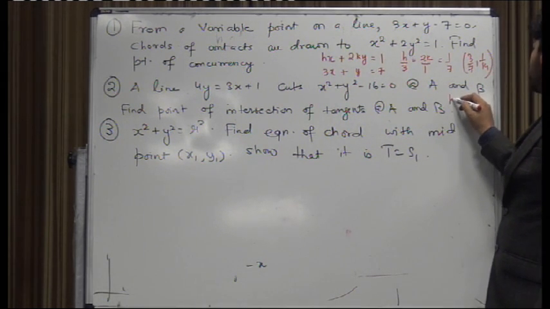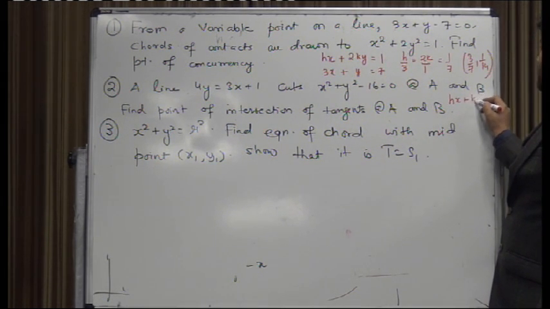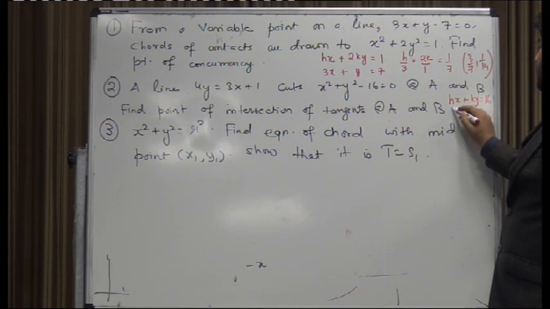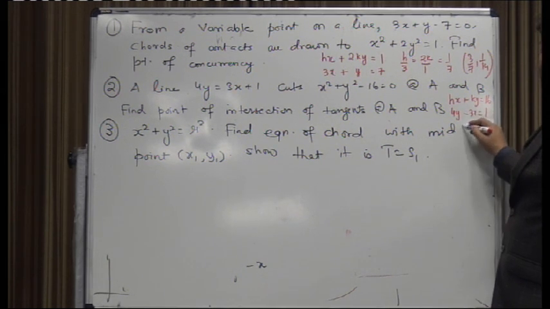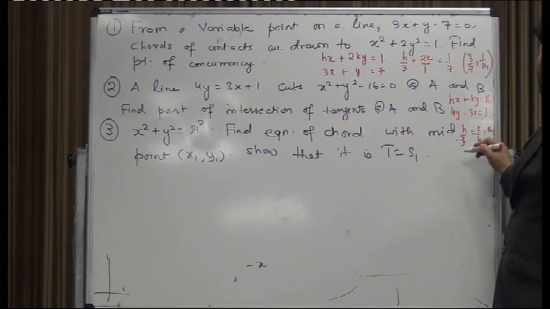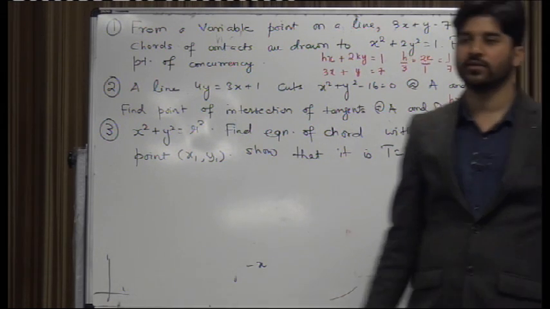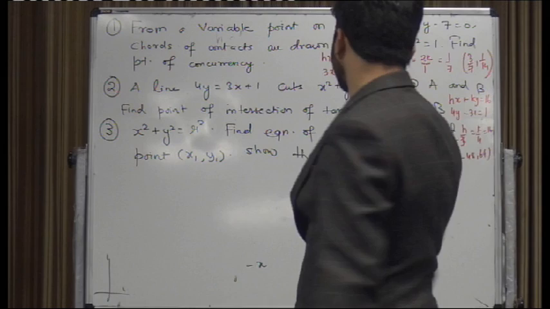So I'll say hx plus ky is equal to 16 is actually equal to 4y minus 3x is equal to 1. So h by minus 3 is equal to k by 4 is equal to 16. So h becomes minus 48 comma 64. Right? Okay. Now what about third one?